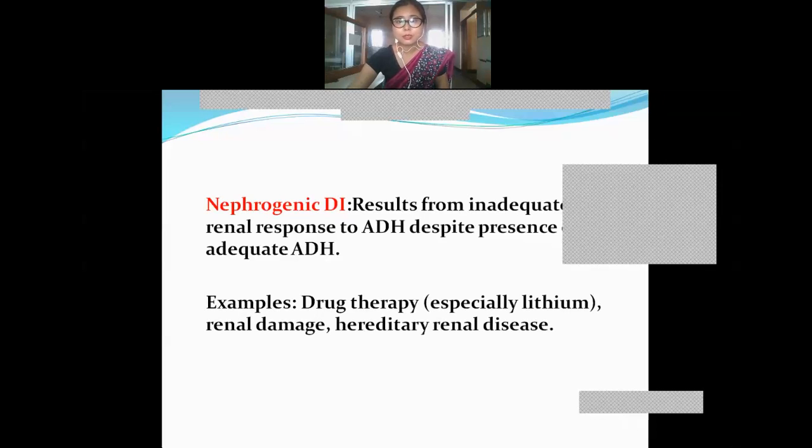Examples include drug therapy, especially lithium, renal damage, and hereditary renal disease. Lithium is a mood stabilizer, mostly used for psychiatric patients. Any factor that causes damage to the kidney can lead to nephrogenic diabetes insipidus.